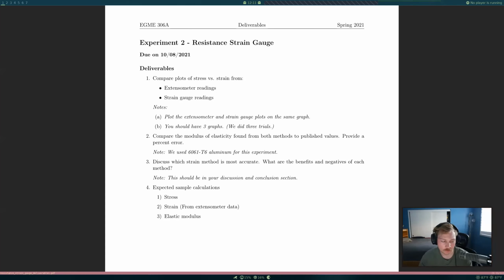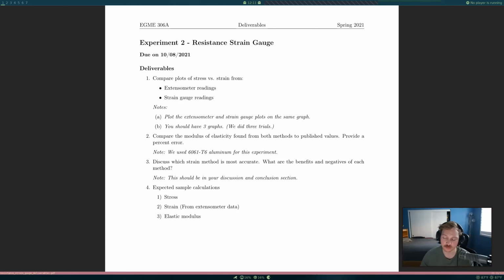Then you're going to calculate the modulus of elasticity from both methods and compare that to published values. And the last thing you have to do, in your discussion, is discuss which method is most accurate and what the benefits and negatives are for each method.